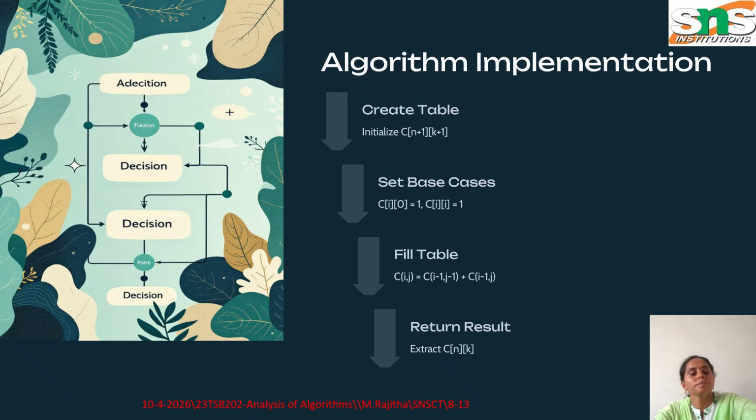Fill the table: use the formula C of i comma j equals C of i minus 1 comma j minus 1 plus C of i minus 1 comma j. Return result: the final answer is stored in C of n, k. This method ensures efficient computation.